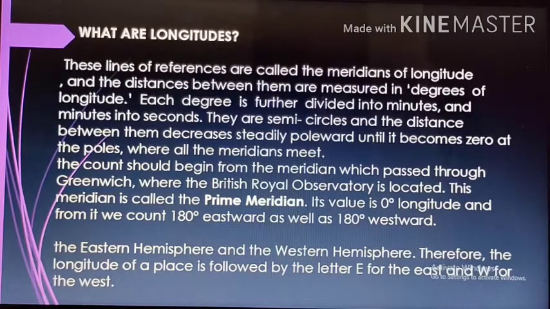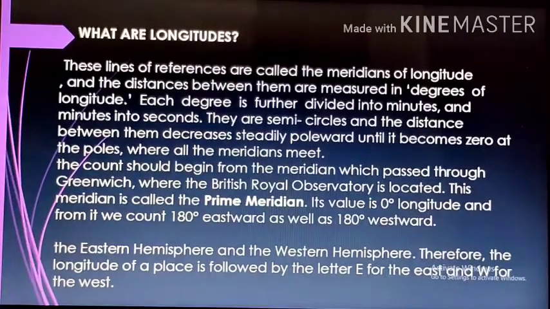The prime meridian and 180 degree meridian divide the earth into two equal halves, the eastern hemisphere and the western hemisphere. Therefore, the longitude of a place is followed by the letter E for the east and W for the west. It is, however, interesting to note that 180 degree east and 180 degree west meridians are on the same line.